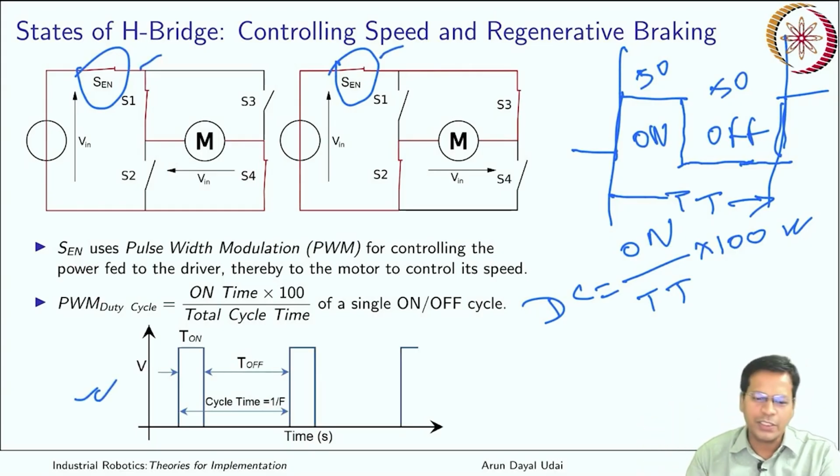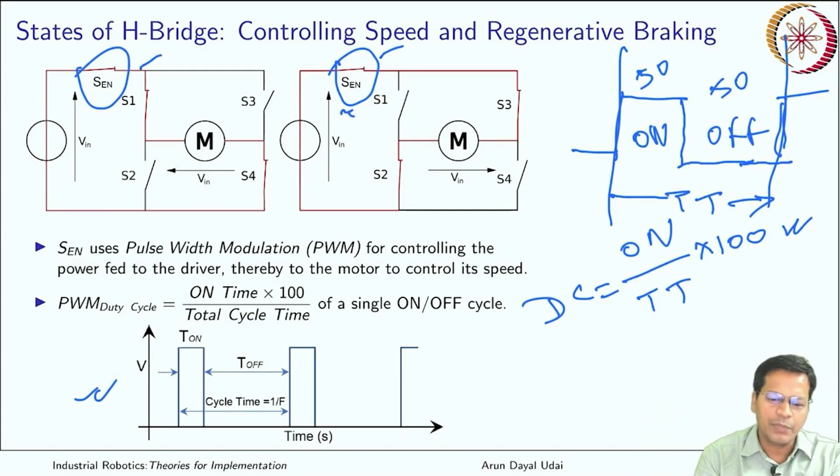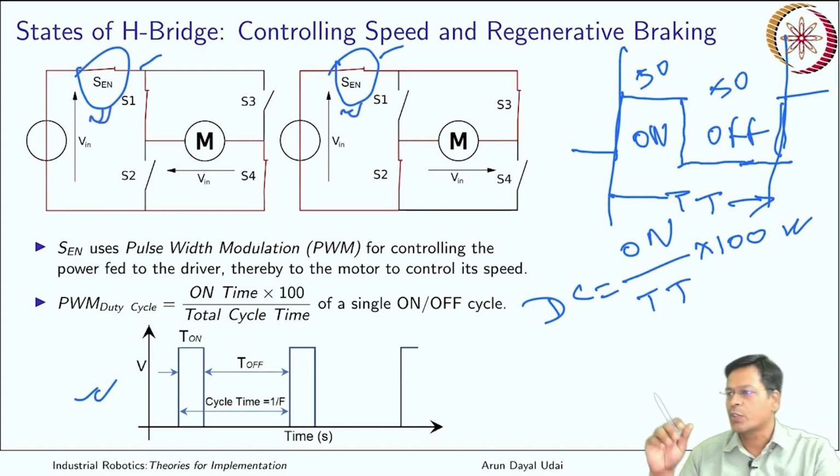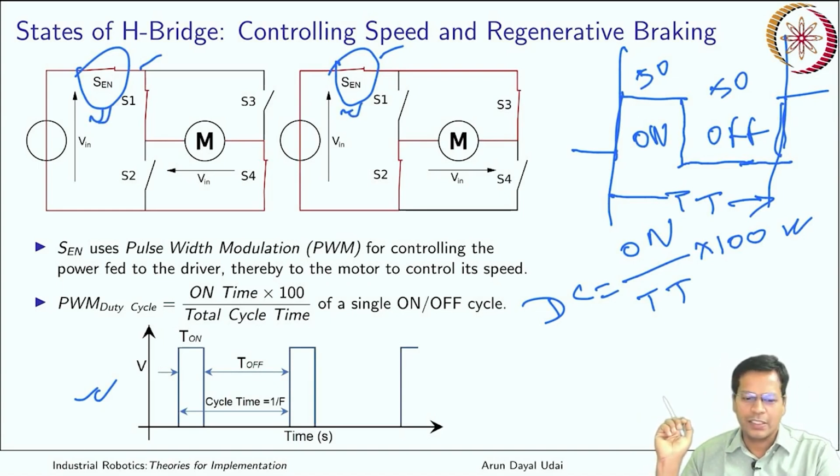That will continuously switch the whole H bridge on and off. So the motor as a whole can be switched on and off using this enabling switch. PWM switches this particular S-enable switch on and off, the switch which is here. That is the way you can control the speed.